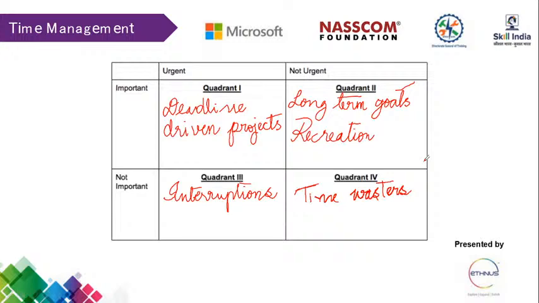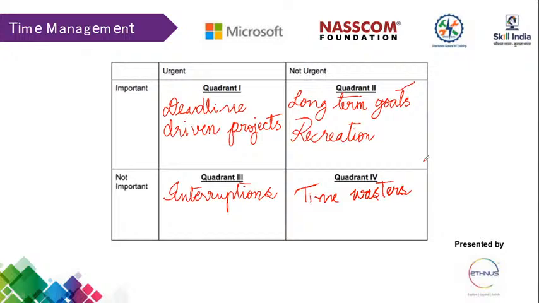Coming to the next quadrant, that is urgent and not important. These are the interruptions that you get, especially WhatsApp messages or some emails which are urgent, but not important for you. Then not urgent, not important.